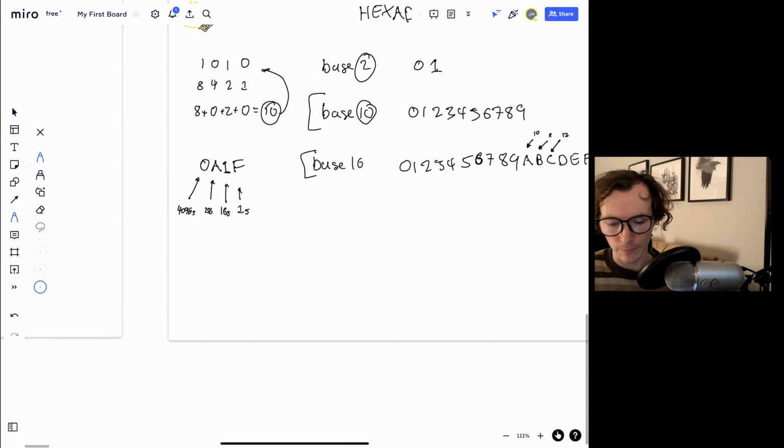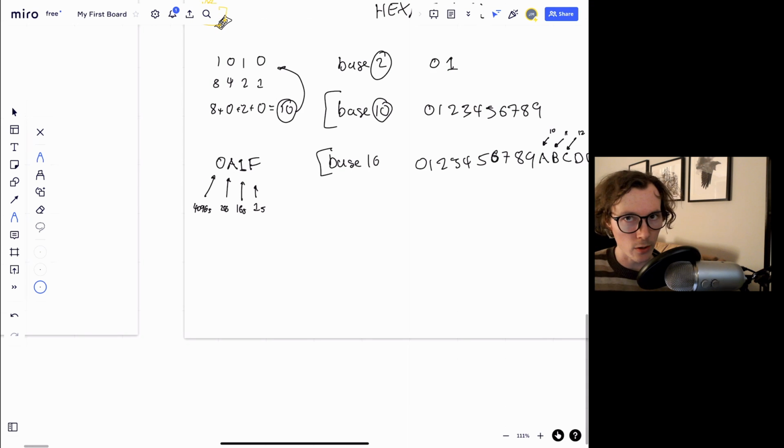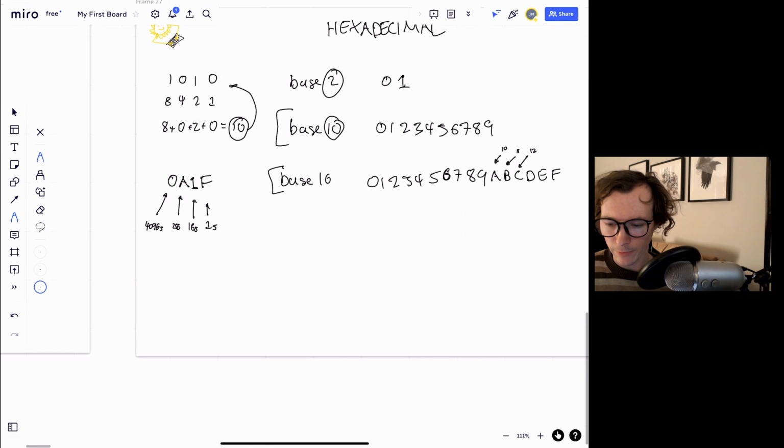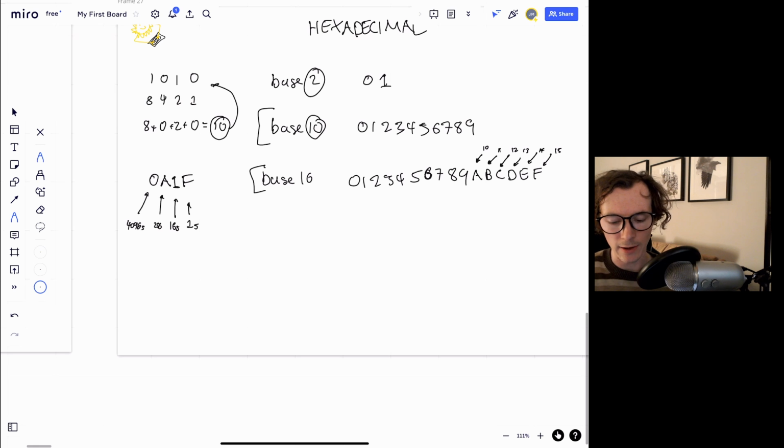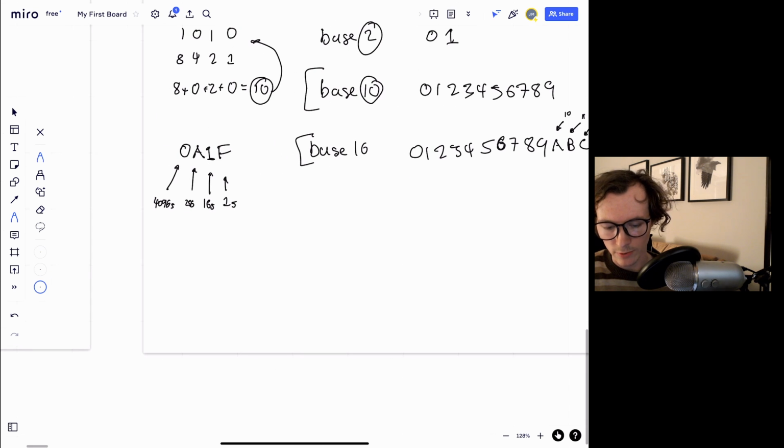Okay? And so if I want to work out what this number is based on this information I've just noted down, what I need to do is figure out how many ones there are. And since F is 15, it's the 15th digit in my hexadecimal number digits. That means that there are 15 ones. So that's 15. How many 16s are there? Well, there's 1. So that's another 16 there. How many 256s are there?